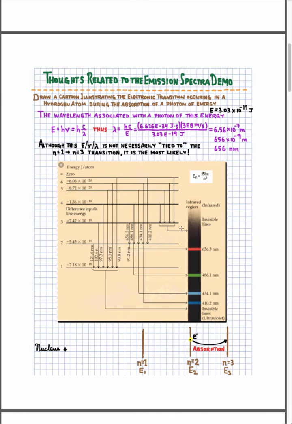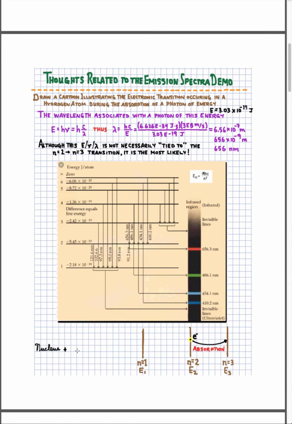And if I were to refer to a chart something like this, 656 nanometers seems to be matching with the red color, which happens to be emitted or absorbed by a hydrogen sample when an excited state electron from level 3 transitions down to energy state 2.